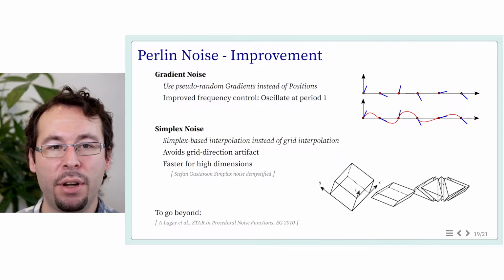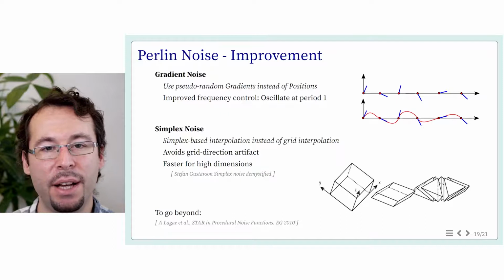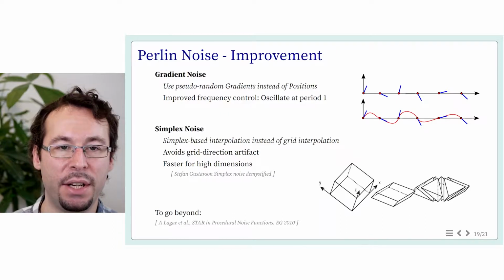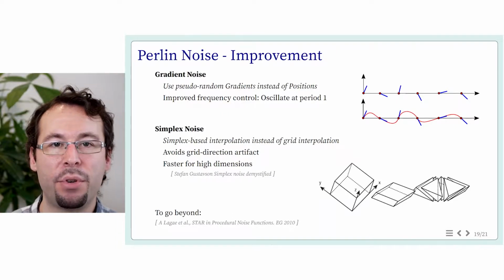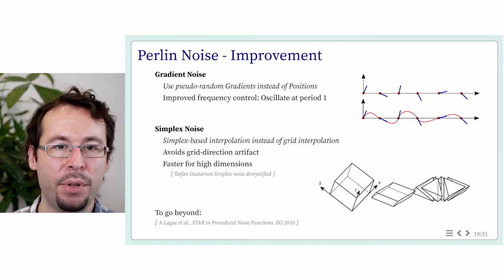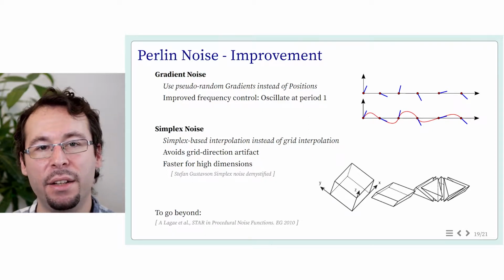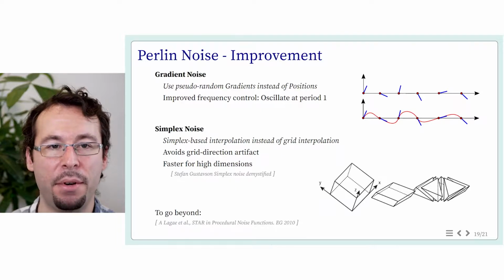This gives pseudo-random gradients instead of positions. And then we can interpolate similarly between these positions and gradients. So this approach improves the frequency control of the function. We enforce a frequency of 1, while using value positions can lead to more variations of low frequencies and can lead to changes of detailed appearance.